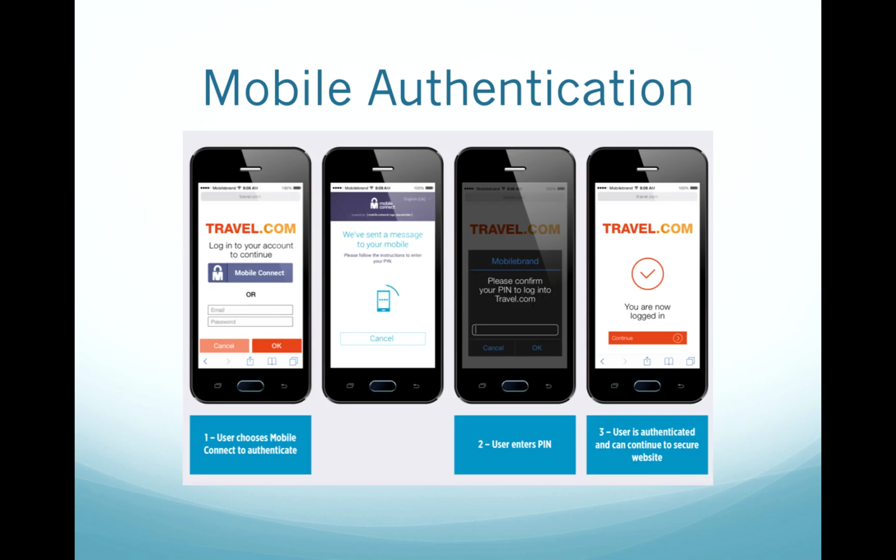So basically, this is a new way of mobile security.